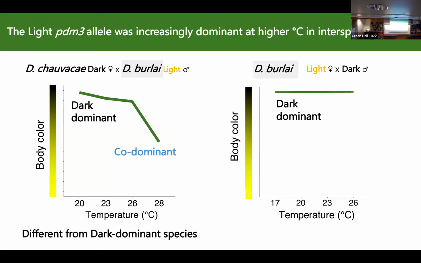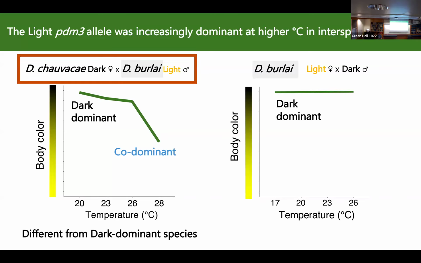When compared to the intraspecific crosses in the dark dominant species brulli, the phenotypic curve was very different. In the intraspecific crosses in brulli, the dark allele is always dominant regardless of temperature. So I focused on the combination of these two species to investigate Fisher's modifier.